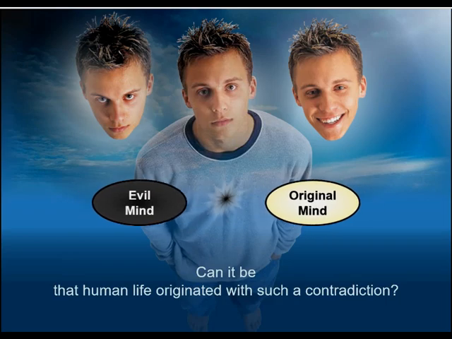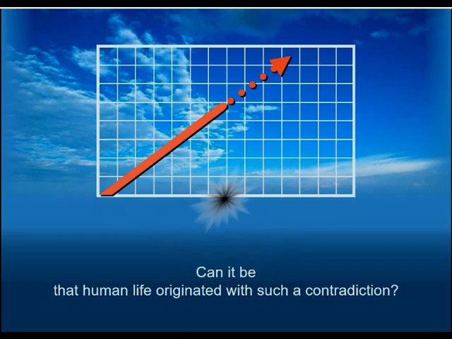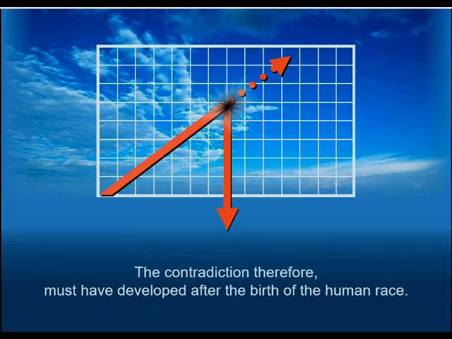Can it be that human life originated with such a contradiction? If burdened by such a contradiction from its inception, human life would not have been able to arise. The contradiction, therefore, must have developed after the birth of the human race.